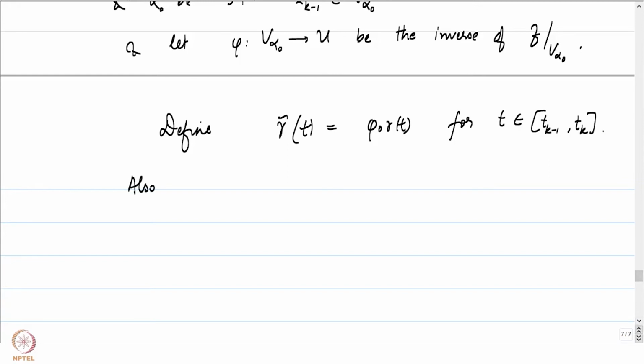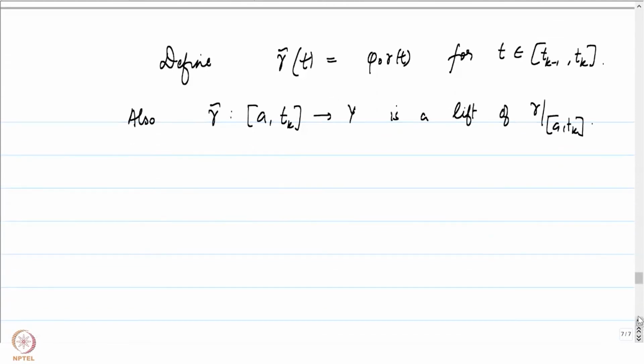Also, gamma tilde, now defined from a to tk into capital Y, is a lift of gamma restricted to [a, tk].